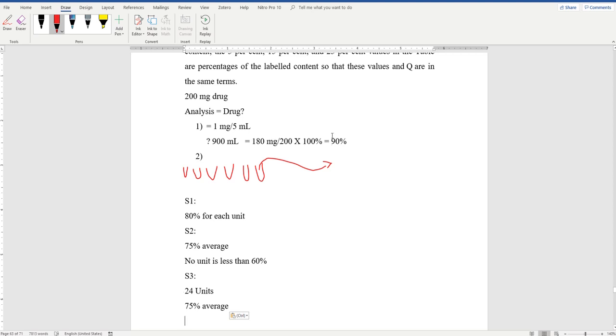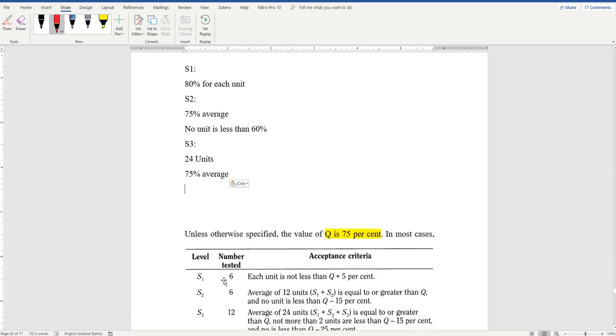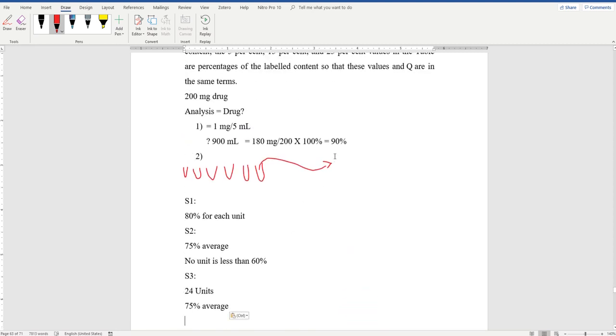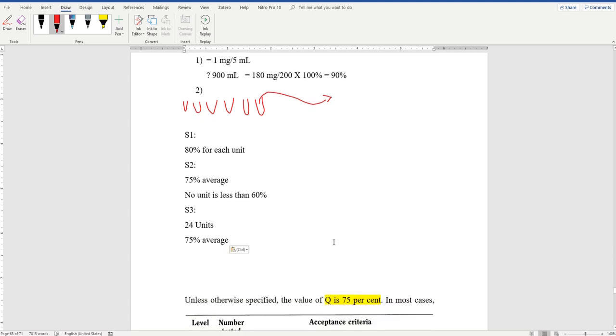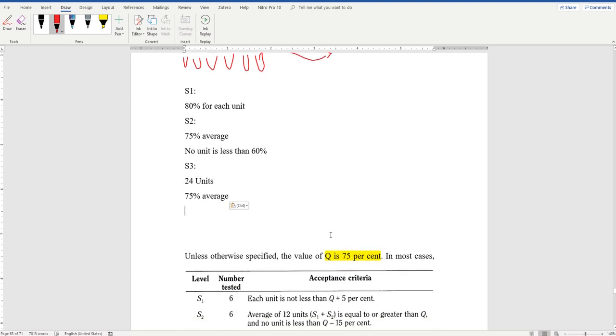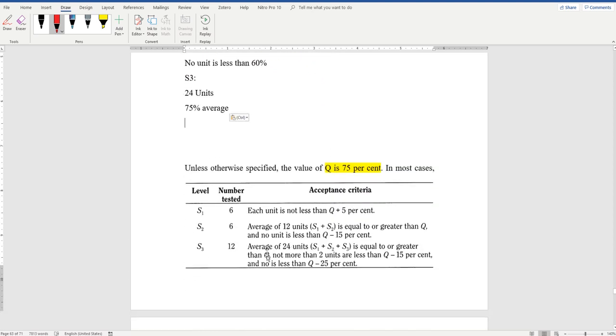Already you did for 12 units من stage 1 6 and stage 2 6, total 12, and now you perform another 12 units, so you have 24. So calculate the percentages of all of them and then get the average percentage. This average percentage should be at least equal to Q. والQ قديش؟ أيوه 75%.